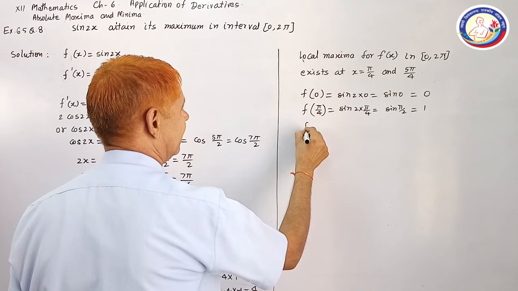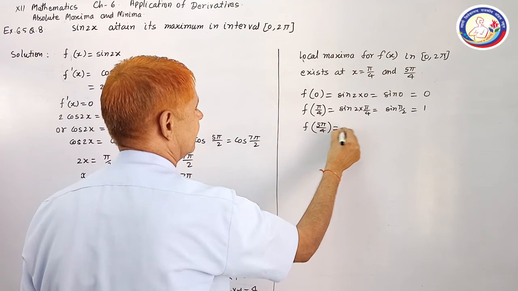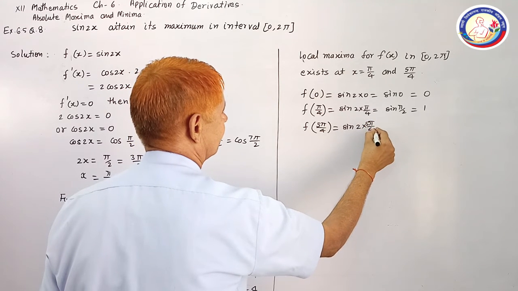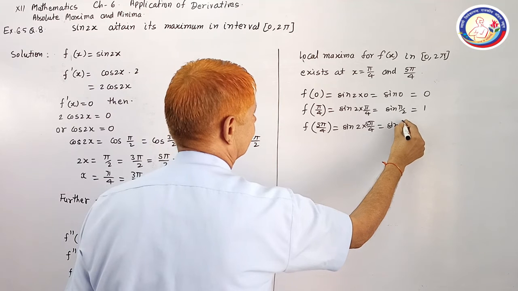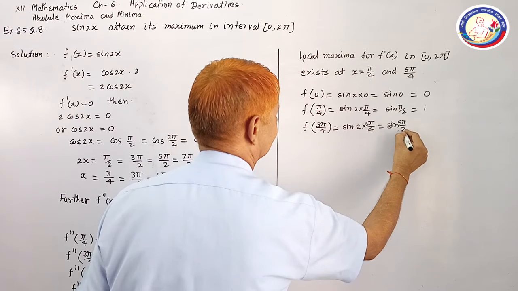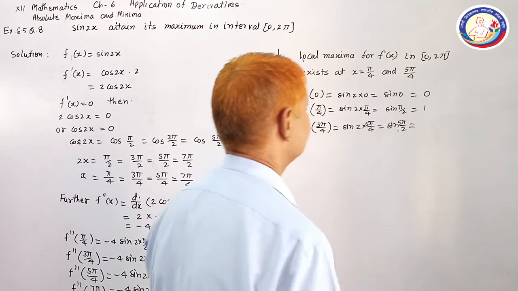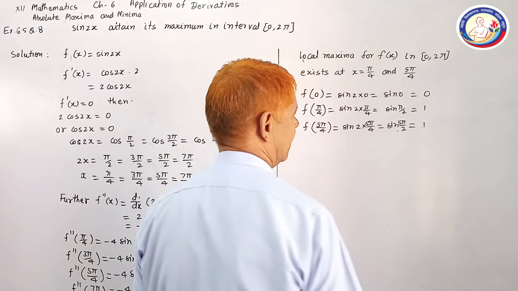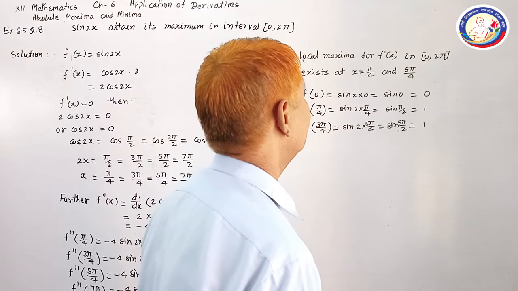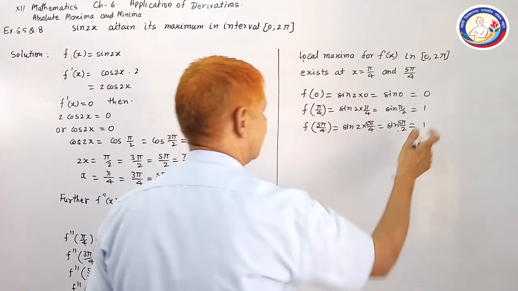Again, the value of the function at 5 pi by 4 will be 1, because sine of 2 pi plus theta is sine theta, and this will be equal to sine pi by 2 again, and its value is 1.